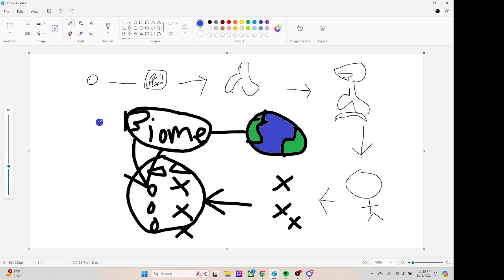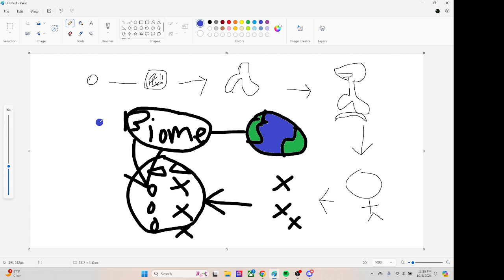Like the Amazon jungle rainforest would have huge canopies of trees, and maybe the Amazon River as non-living things. And the biome would be the entire rainforest, the entirety of it, or a desert or a tundra, or a temperate rainforest. And the biosphere is all the life on Earth and all the places where it exists: the ocean, the birds in the sky, desert, etc.